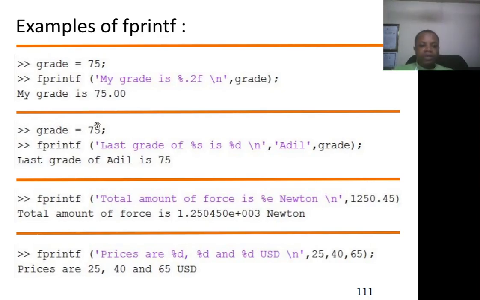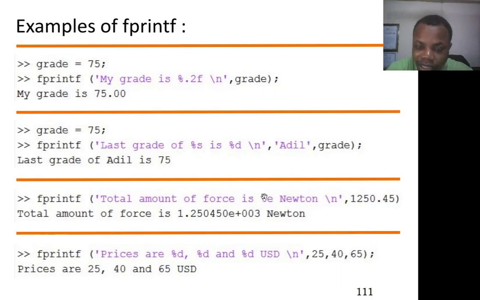Now we would also like to print the total amount of force, a certain number, and its unit Newton. With this, you can see that we have a preamble. The total amount of force is, now in here we have a %e. And remember, %e refers to what?